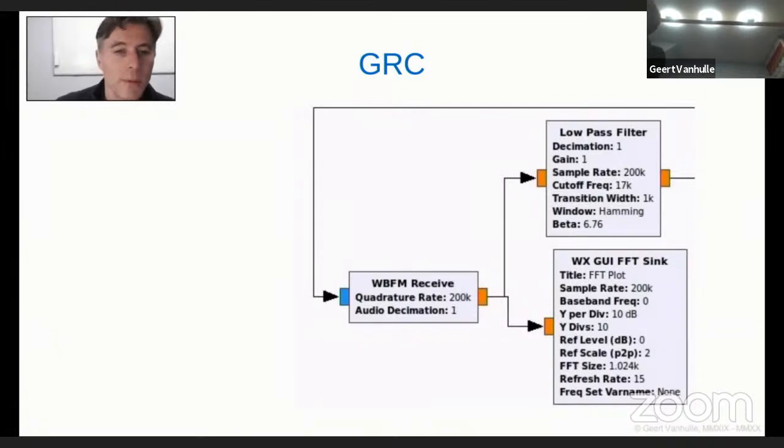So what I will have to do as a second step is to go from complex signals to a more simple sample range, and that is, for example, floats. Now inside GRC, GNU Radio Companion, we have a whole set of variable types that we can work with.